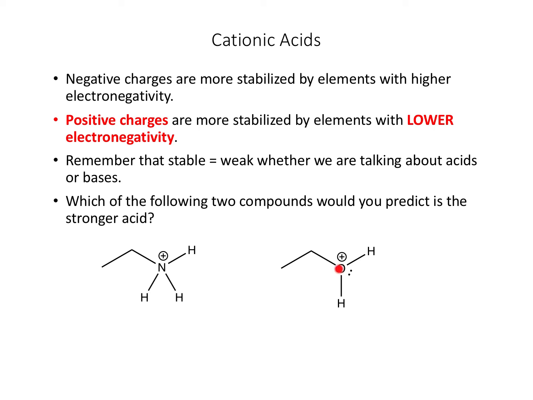We know oxygen is to the right of nitrogen in the periodic table, so oxygen is more electronegative, nitrogen is less electronegative, so nitrogen is better at stabilizing the positive charge. And remember that stable equals weak. So if the positive charge here is more stable, that means that this is the weaker acid, and then this is the stronger acid.